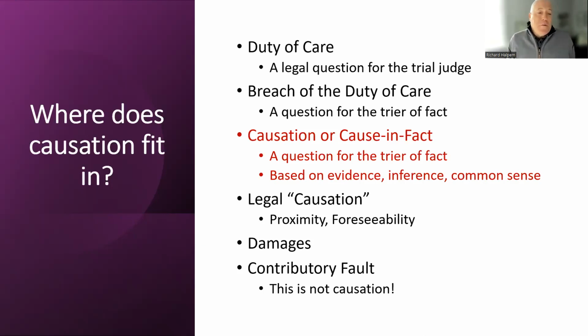This has to do with proximity and foreseeability, which I'm not going to get into, but I'm going to talk about legal causation in another sense later in my talk. And then damages, and finally contributory negligence or contributory fault under the Negligence Act. I think it's extremely important to point out that contributory negligence has nothing to do with causation. There are times when the courts have confused the two concepts, and they shouldn't. Next slide.